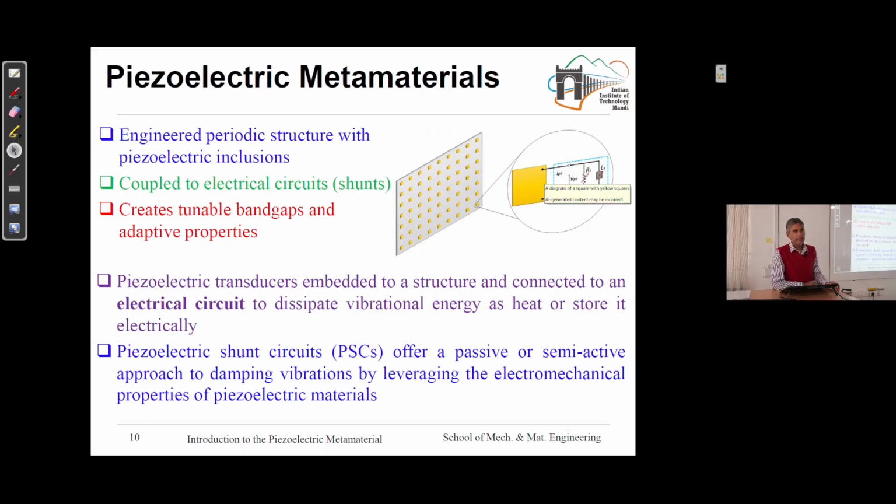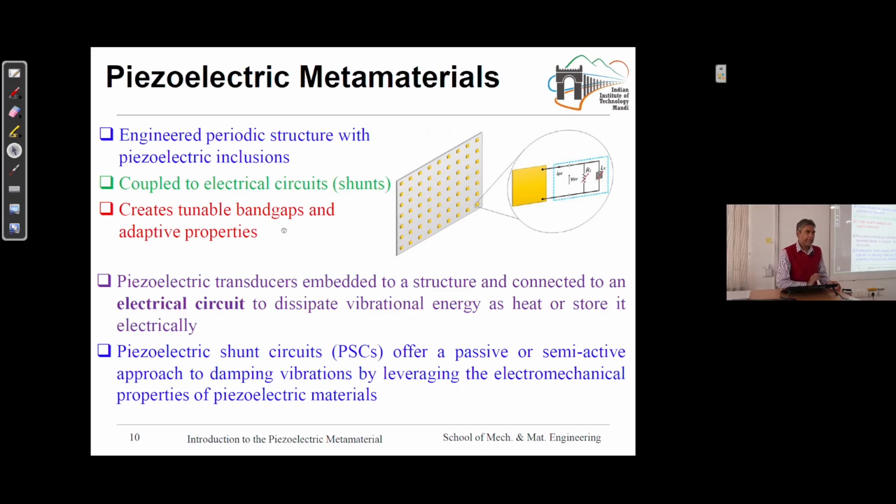But here we can avoid the controller, even the electric battery, right? Of course, if you want to make it smarter, then you can add a controller. So you can see what we have: piezoelectric metamaterials are periodic structures with piezoelectric inclusions or piezoelectric meta atoms coupled to an electrical circuit, the so-called shunt. Every meta atom is connected to the electrical circuit, which creates tunable band gaps and adaptable properties.